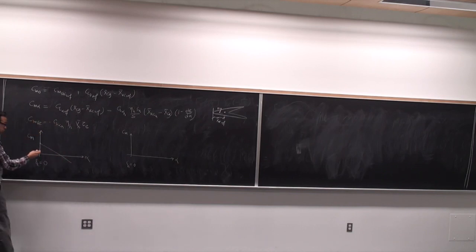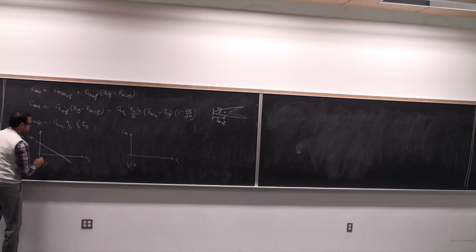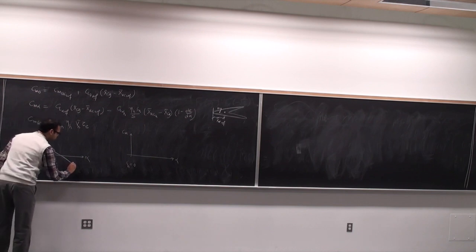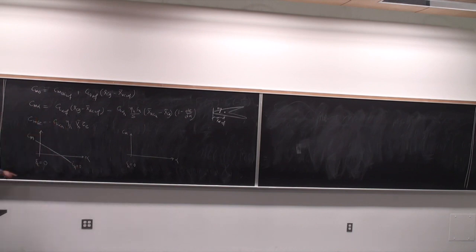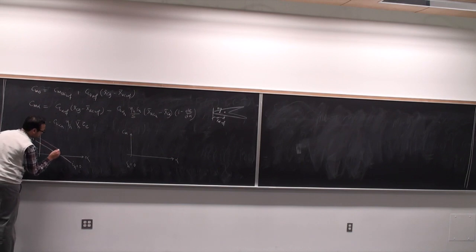You know that Cm alpha needs to be negative, so that's the negative slope. And this may be for incidence angle of 0. So delta E is 0 for all the curves I'm going to show here. Now, two additional curves are shown here.